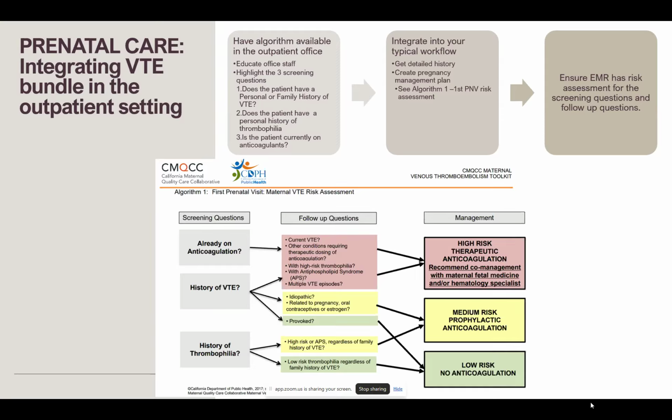Does the patient have a personal or family history of VTE? Does the patient have a personal history of a thrombophilia, or is the patient currently on anticoagulants? And so within that kind of established initial set of questions, then that should guide us into what other information do we need to get.